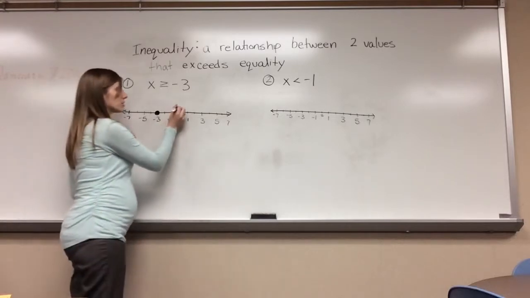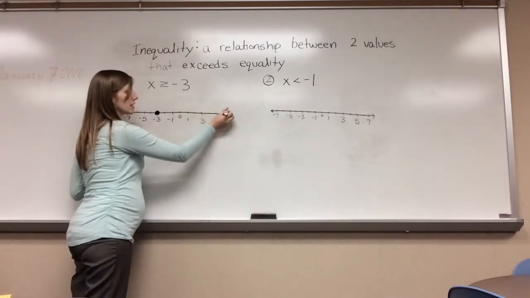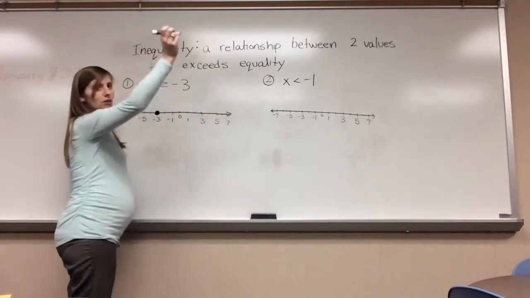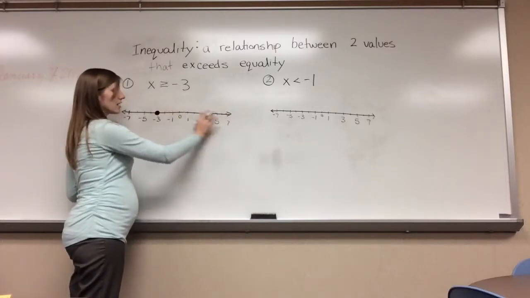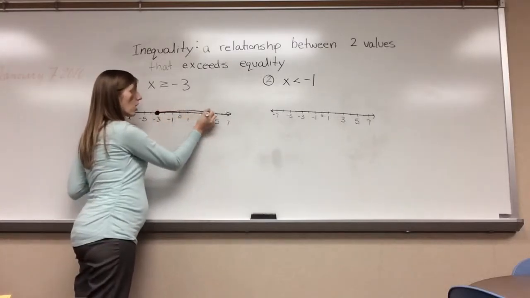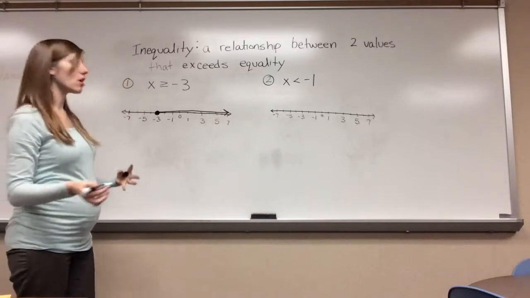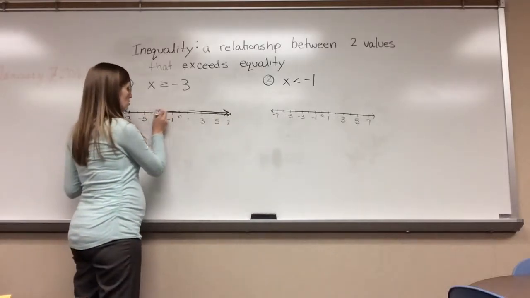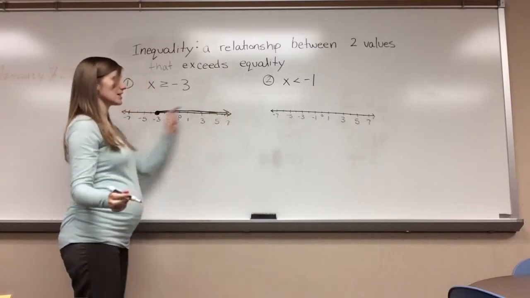Now, we just talked about any number bigger than -3 is also a solution. So we talked about how 0 would be a solution, 3 is a solution, 5, 7, 200, you know, going on and on and on. So anything on the right side of this dot is bigger than -3. All of these numbers are bigger than -3. So they're all solutions. They're all potential solutions. So you just draw a line, and then you put an arrow saying, hey, this keeps going.